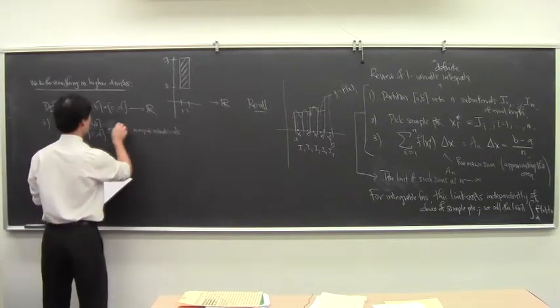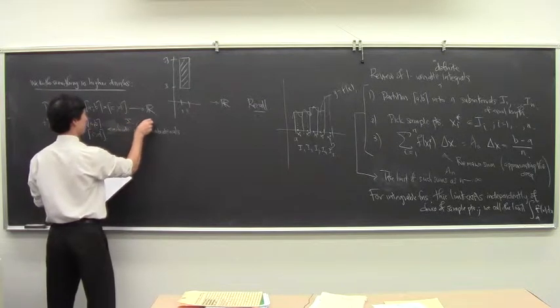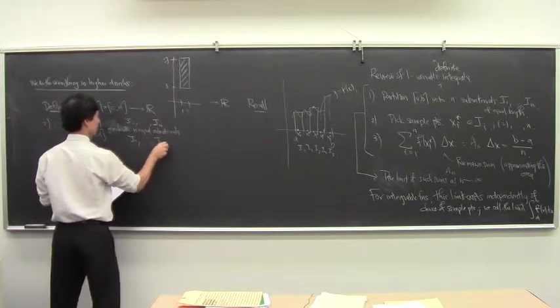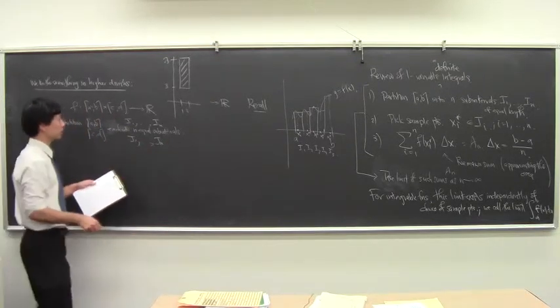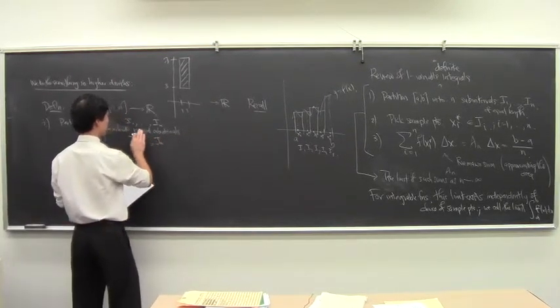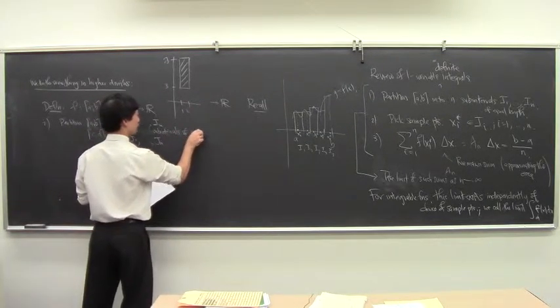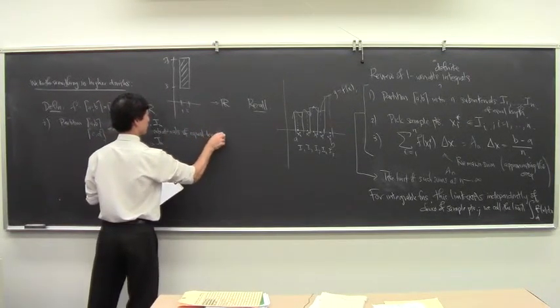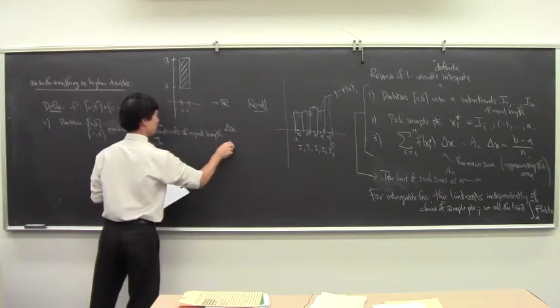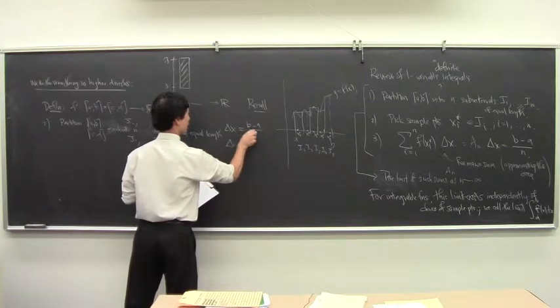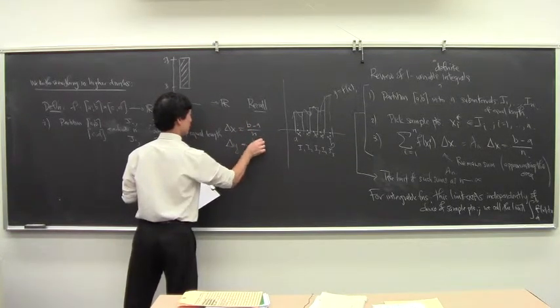The [a,b] I'm going to partition into I_1 through I_n. The [c,d] I'm going to partition into J_1 through J_n. So subintervals of equal length. Here I'm going to call these delta x and delta y. Delta x is going to be (b minus a) over n. Delta y is going to be (d minus c) over n.